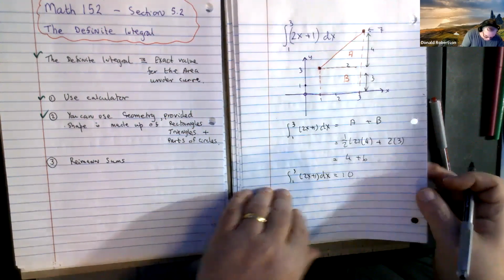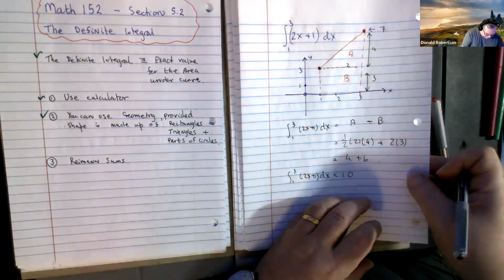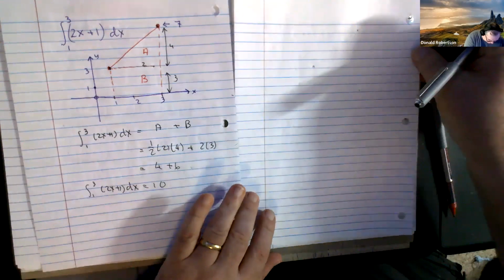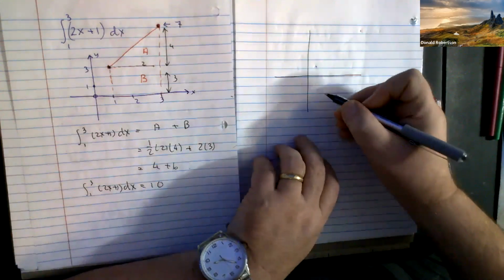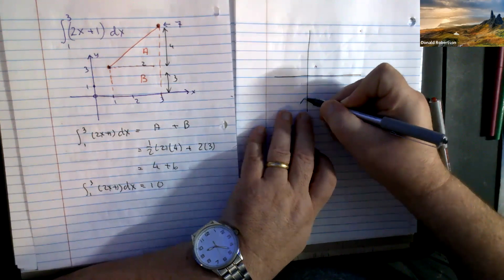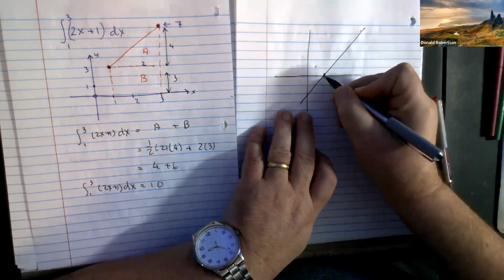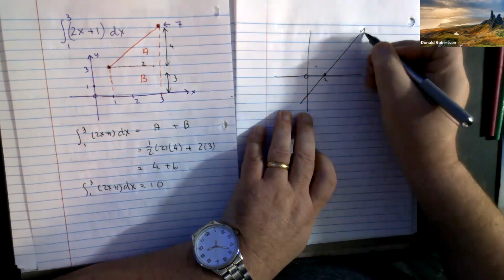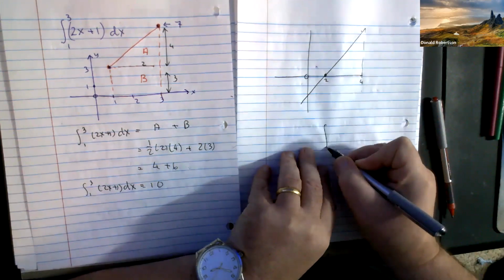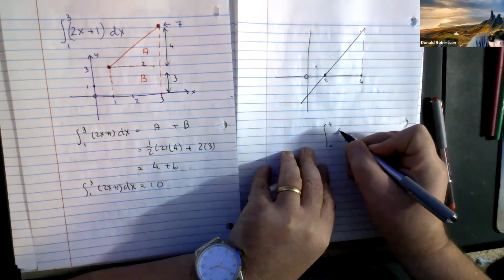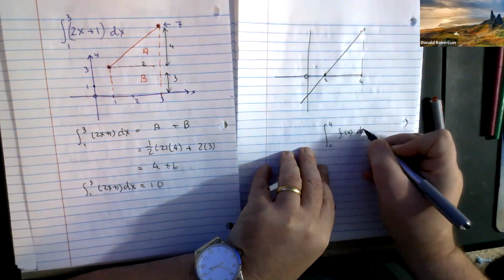Now, I'm not going to do this in any great detail, but let's just suppose it was a different straight line, and the straight line looks something like this. And you're being asked to find the integral from 0 to 4 of whatever that straight line was.